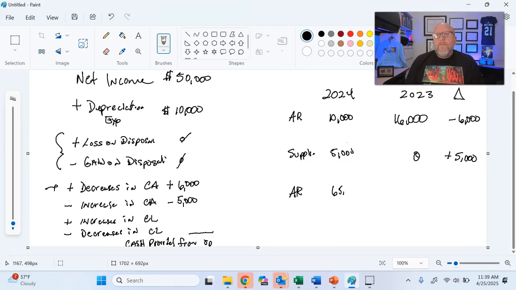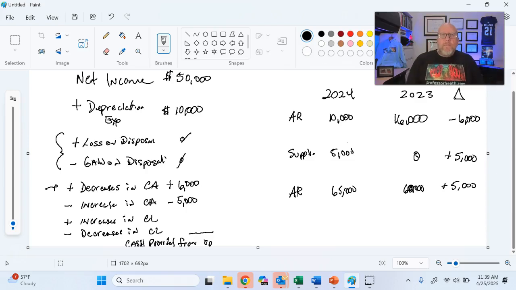We can also go back and talk about accounts receivable. Maybe I had 65,000 in accounts receivable this year, I apologize, and I had 60,000 in accounts receivable last year. So it would be an increase of 5,000. It went up from 60 to 65. If I made sales and customers didn't pay me, my accounts receivable goes up.